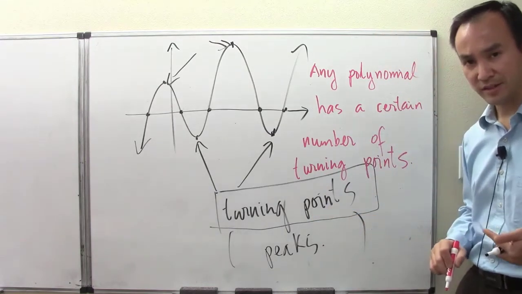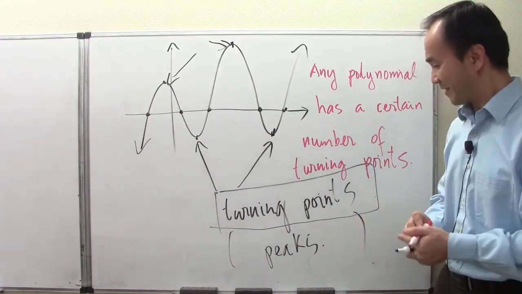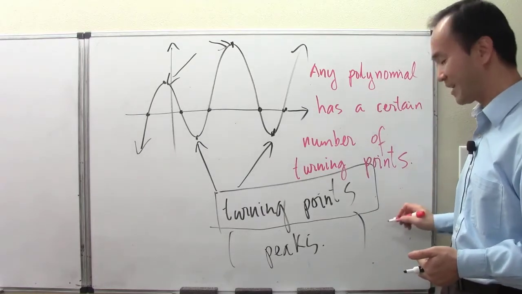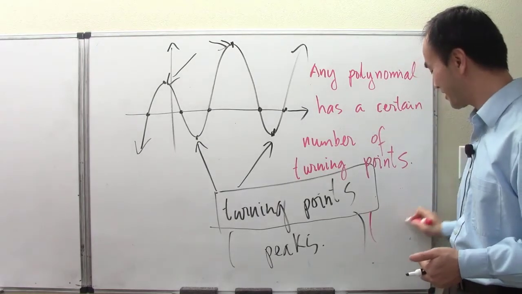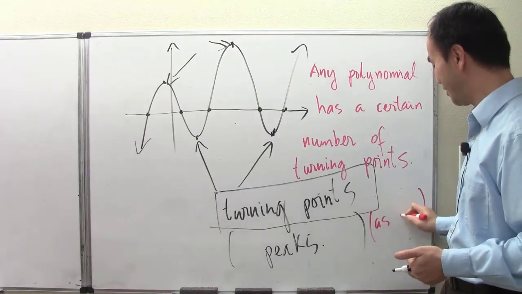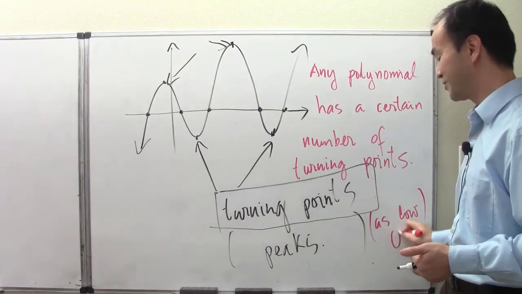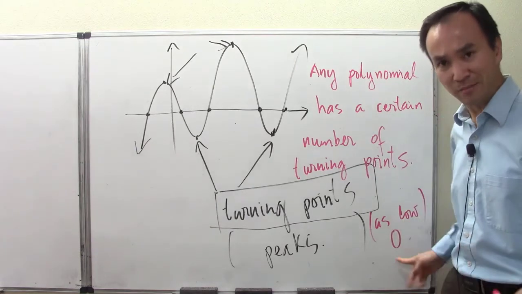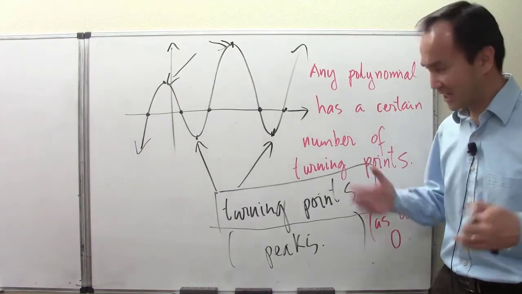But then I have to open a remark right here: as low as 0 turning points as well. But it's a number of turning points. So that's the way it is.